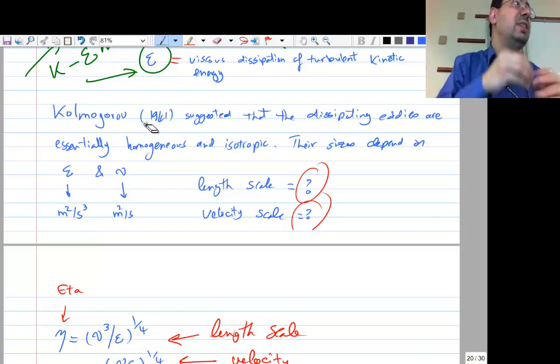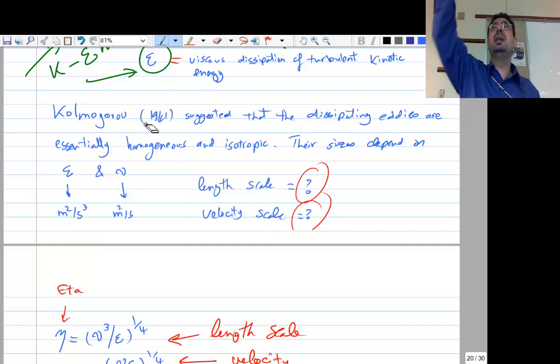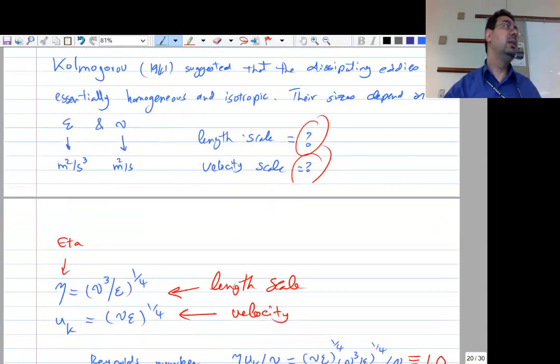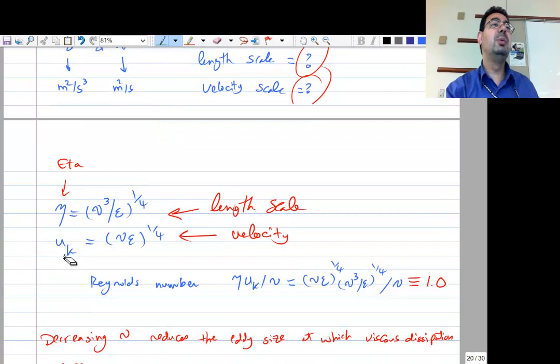At such small scale, they don't remember anymore where X, Y, and Z are. They don't know where the mean flow is. And therefore, all their properties are just a function of the viscosity of the fluid, nu, and how quickly the turbulence is dying, epsilon. And so they can come up with their size based on totally dimensional analysis.